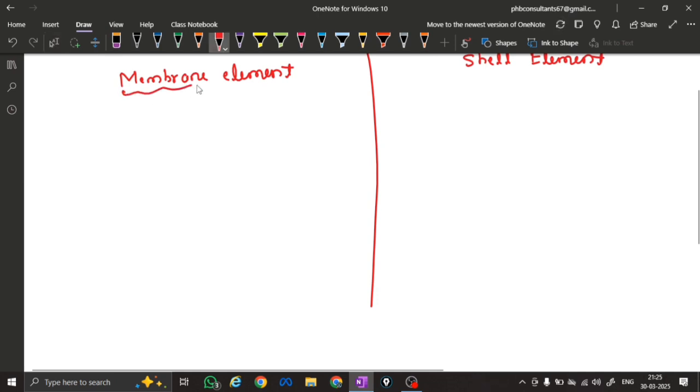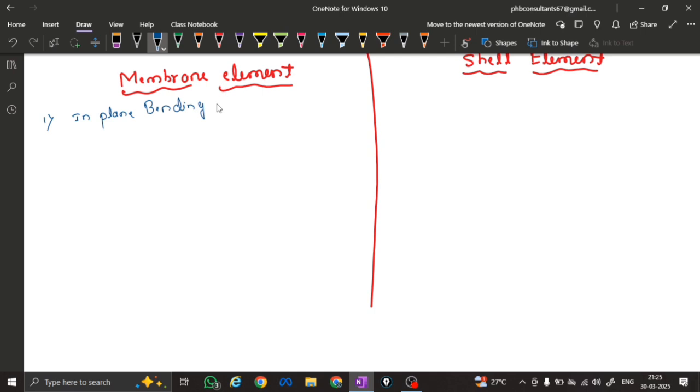Here in membrane element, in plane bending stiffness is present, but it doesn't have out of plane bending stiffness.